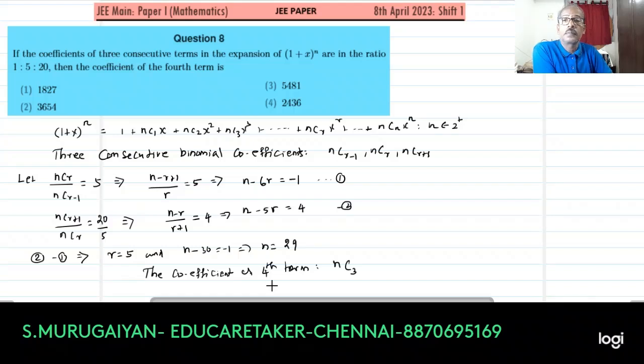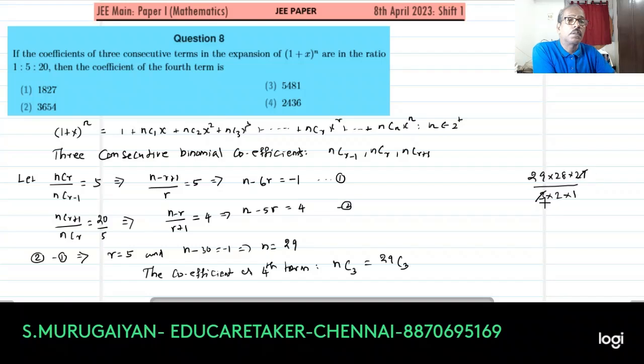NC3, then n is nothing but 29, so 29C3. On simplification, 29C3 is 29 into 28 into 27 by 3 into 2 into 1.